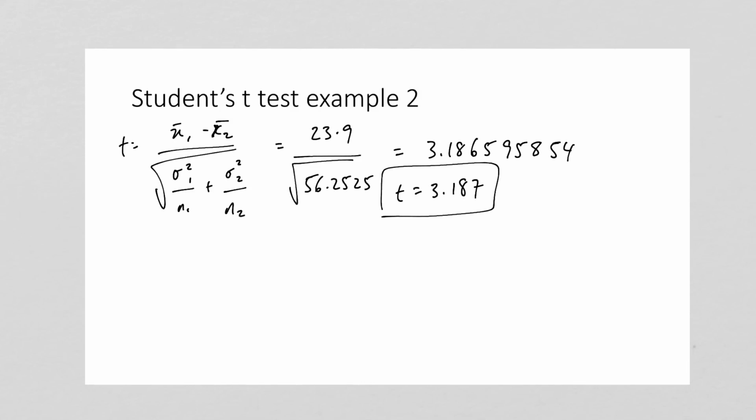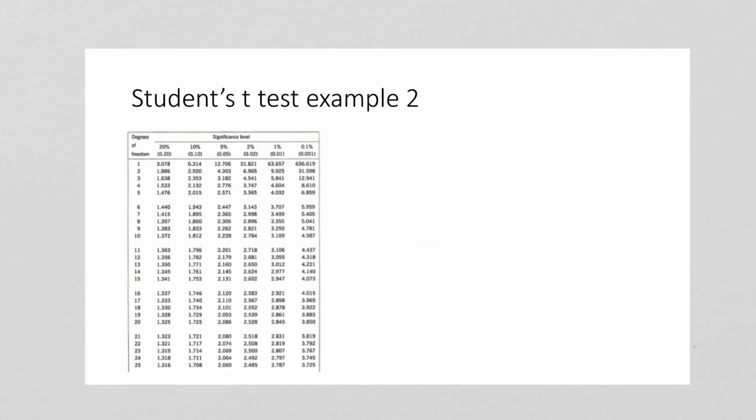For our degrees of freedom, it's n1 plus n2 take away 2, which is 8 plus 8 take away 2, which is going to be 14. So we have our degrees of freedom, we have our t-test result. Let's look up on the table. So we're going to look at 0.05 and we're going to look up at 14.